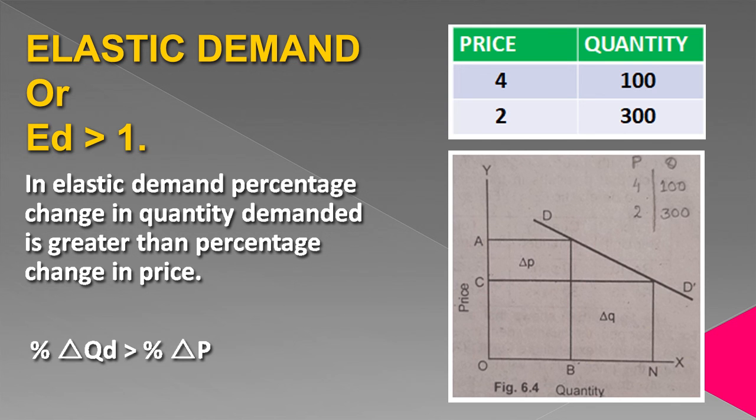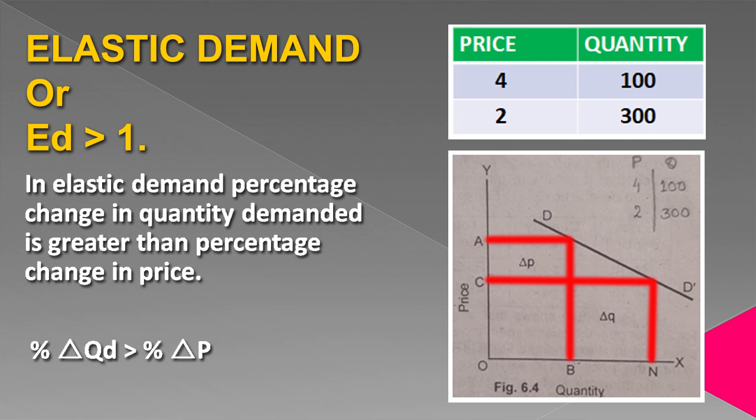This can also be shown in a graph. Here you can see price is OA or price is 4, quantity demanded is 100. Price decreases to 2, quantity demanded increases to 300. Change in quantity demanded is greater than change in price.